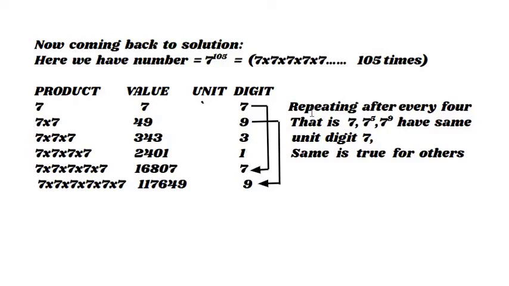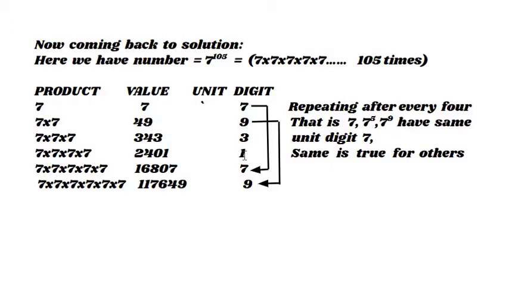This is another concept. What we have observed till now is that 7 will repeat after every interval of 4. Similarly 9, and similarly 3 and 1. For 7 raised to the power x, only 4 unit digits are possible, that is 7, 9, 3 and 1, and these will repeat after every power of 4.